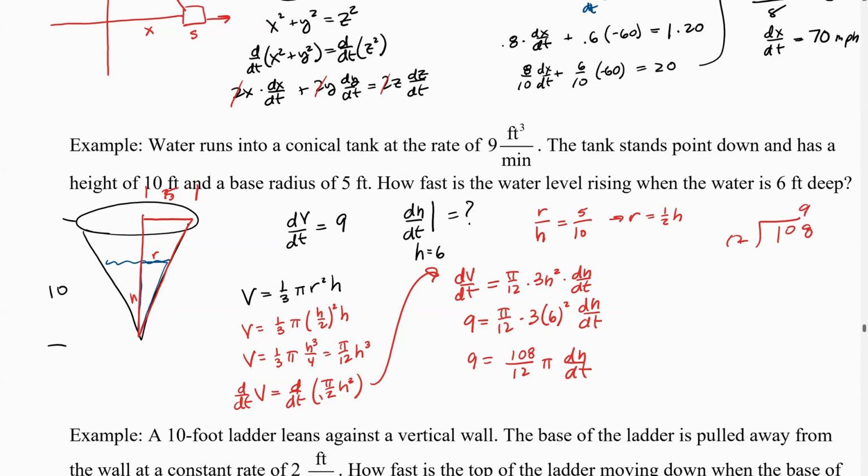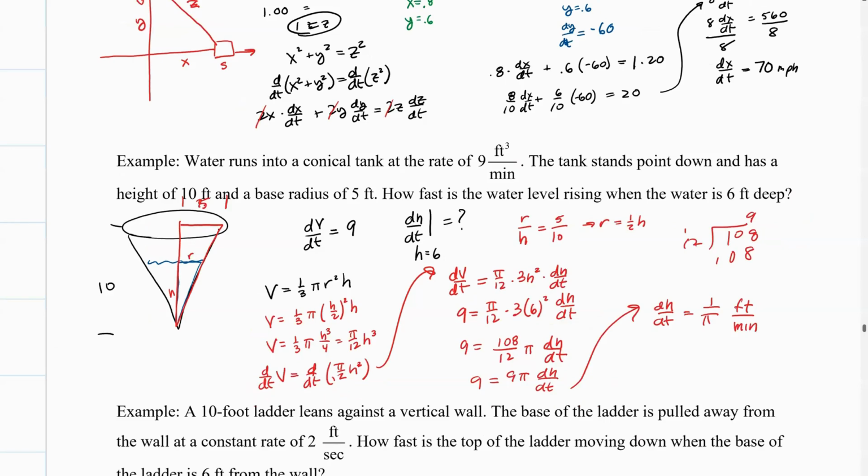Yep. So 9 is equal to 9 pi dh/dt. Again, mathematicians being very, very lazy. So that means that dh/dt is equal to 1 over pi. We need units of measurement. Feet is our measurement of distance, and minutes is our measurement of time.